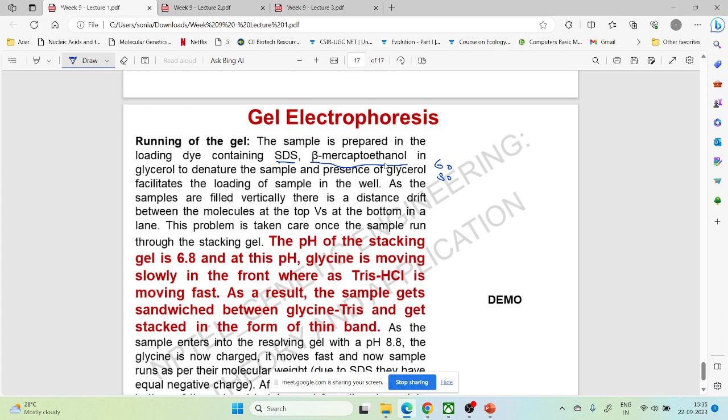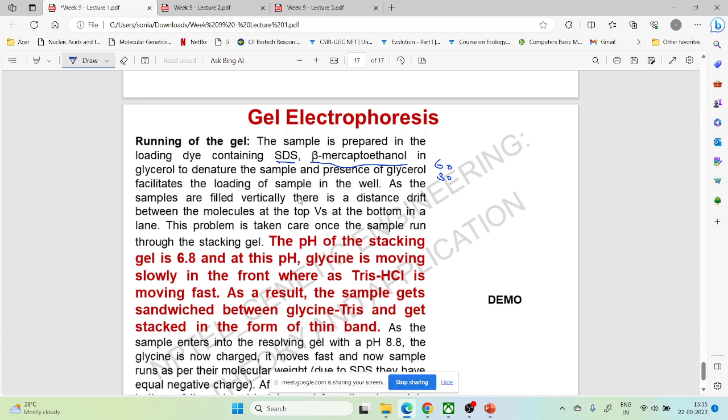Both are denaturing but in different ways. Beta mercaptoethanol basically breaks the disulfide bonds, so it will break the polymeric chains into monomeric chains, into monomers. And glycerol, we know, helps in the loading of the sample.